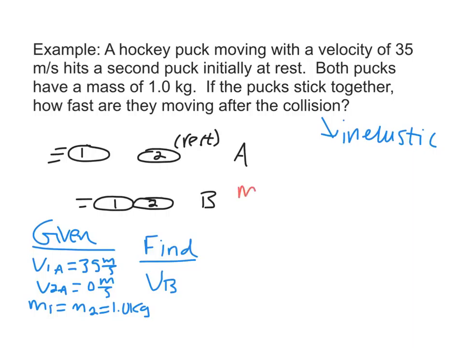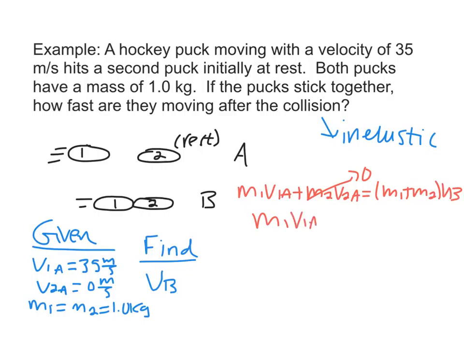Inelastic collisions: M1V1A plus M2V2A equals M1 plus M2 times VB. V2A is initially 0, so this becomes pretty simple. Rearranging to isolate for VB, we get M1V1A over M1 plus M2 equals VB.